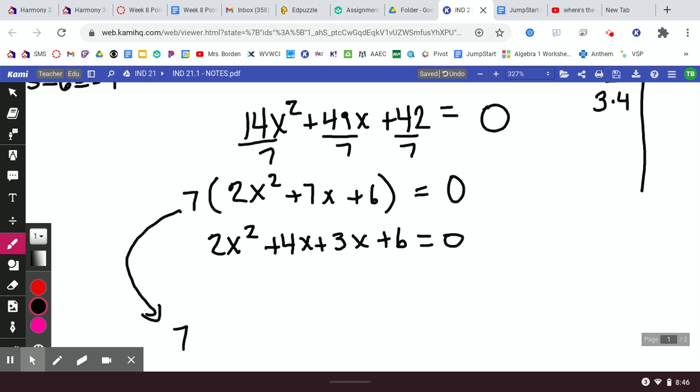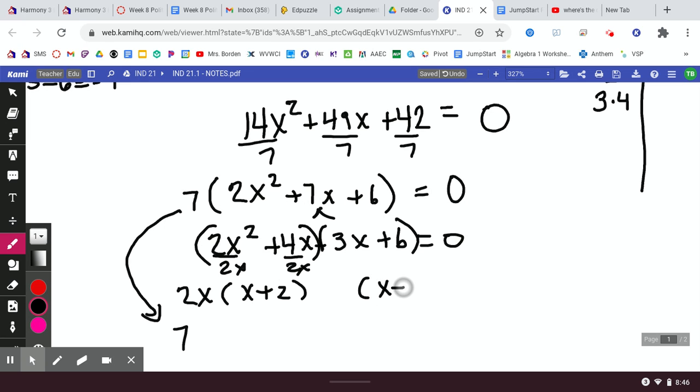Okay, so I've rewritten my quadratic. I've split out my 7x into 4x and 3x. Now we know to do the factor by grouping, and I'm going to divide by 2x here. I'm going to pull that 2x out front, leaving behind x plus 2. And if I do it right over here, I'm going to have x plus 2.